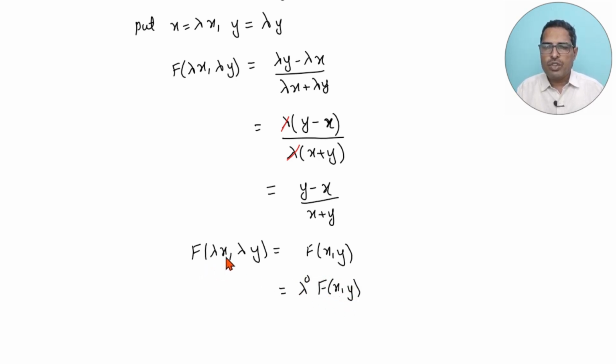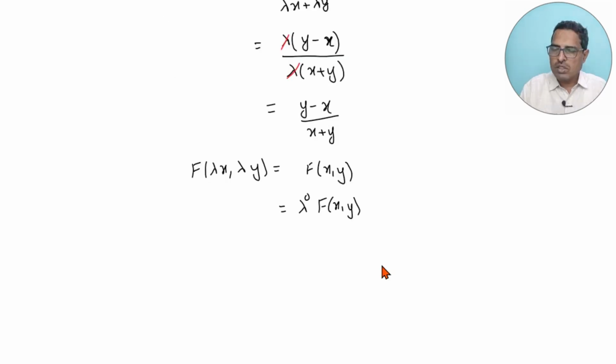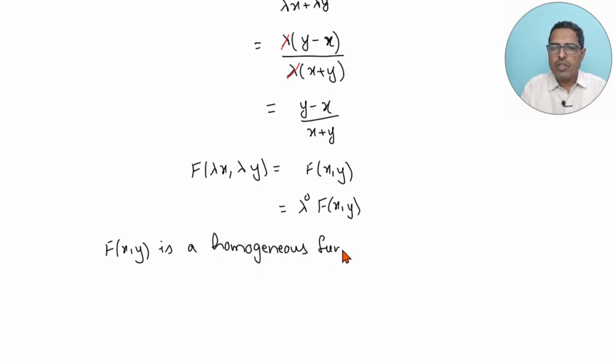Since we have got the function in this form, f of lambda x comma lambda y equals lambda power 0 into f of x comma y, the function f of x comma y is a homogeneous function of degree 0.